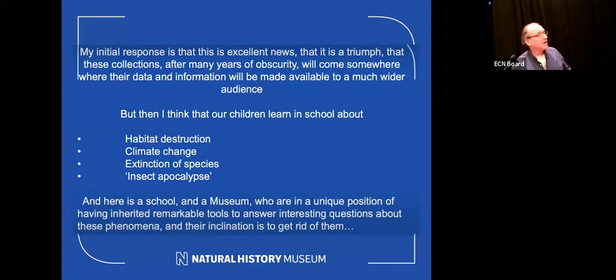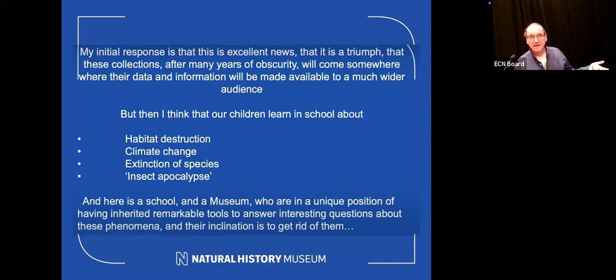And here we have an exclusive private school and a local museum who are in the unique position of having inherited remarkable tools to answer interesting questions about these phenomena. And the inclination of these organizations is to get rid of those tools. And that made me very morose, even though in many ways we were the beneficiary of this because we were the institution that was going to make these things available.